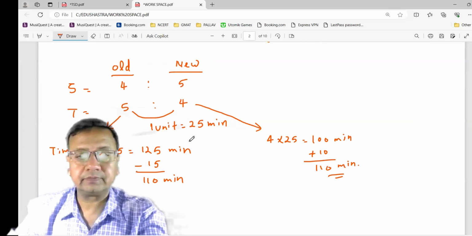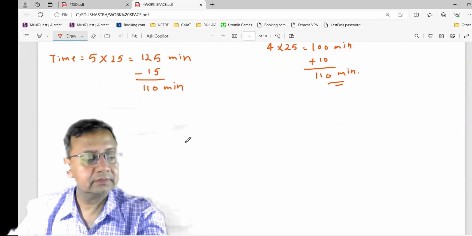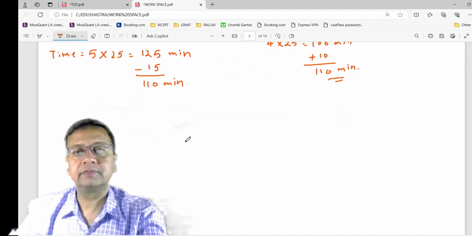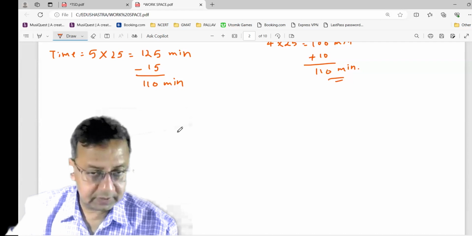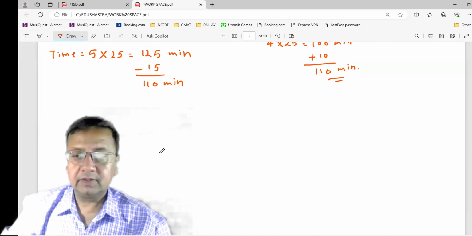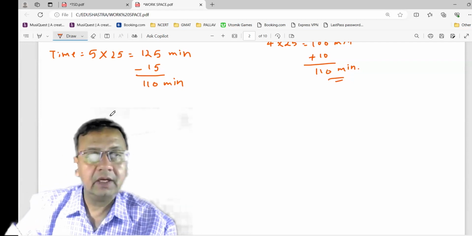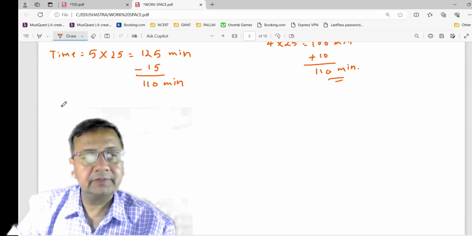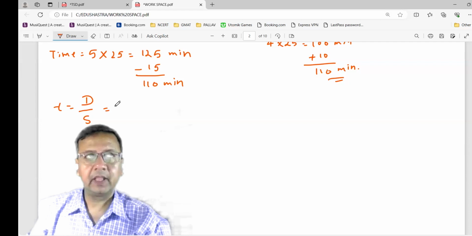Now come to the other variable, distance. So what is speed or what is time? Time is nothing but distance upon speed. This is the thing.